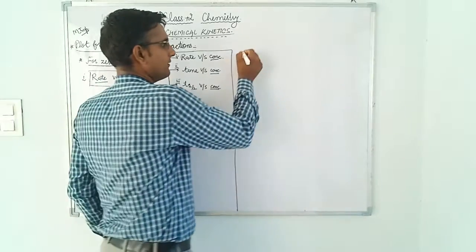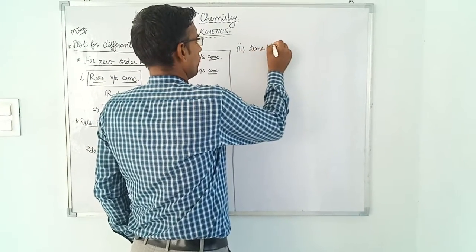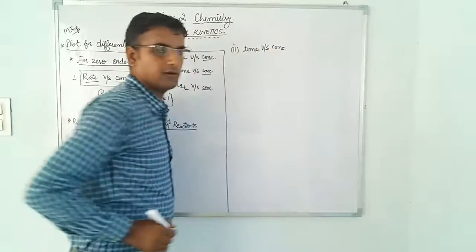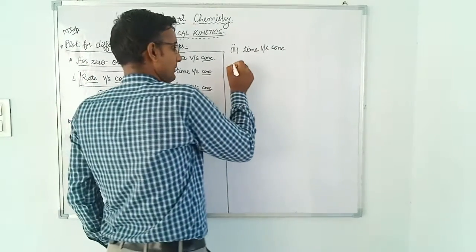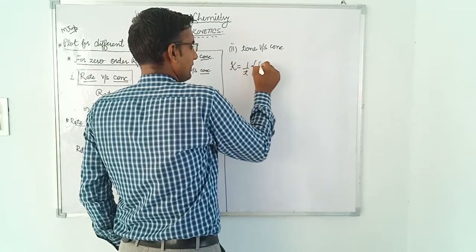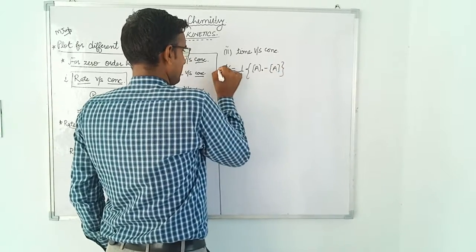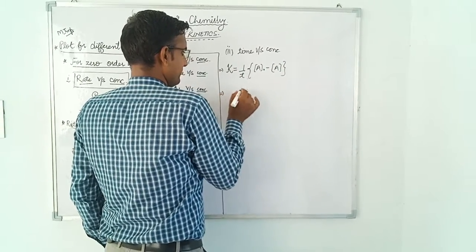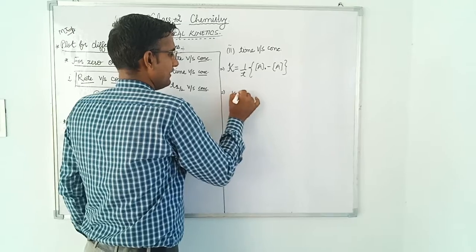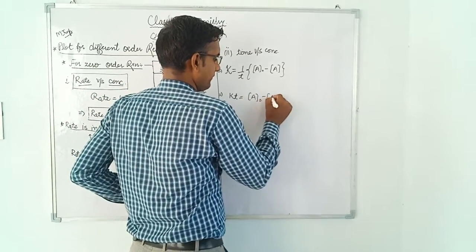For the second part, that is time versus concentration, for this remember the relation, that is k is equal to 1 upon t into a naught minus a. This implies kt is equal to a naught minus a.